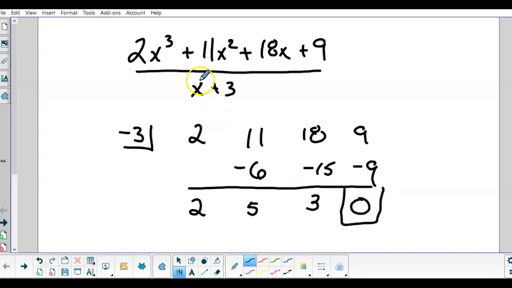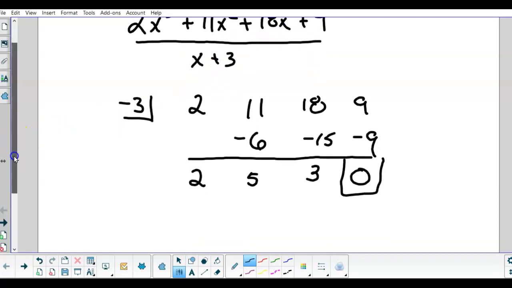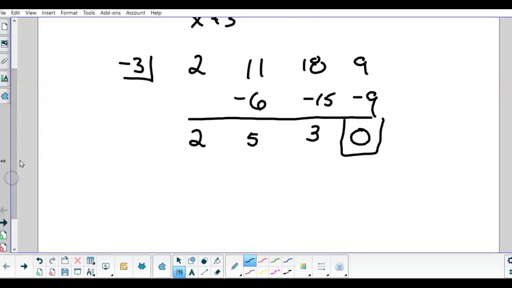So that means that x plus 3, the factor, is a factor of this polynomial. But we're asked to find all the factors of the polynomial, so let's see what we have left. If I divide that, that means I need to come down by one power in the new polynomial that I'm going to write.